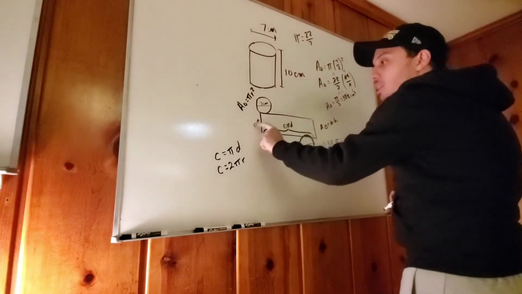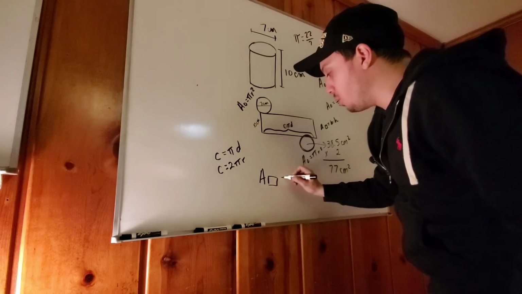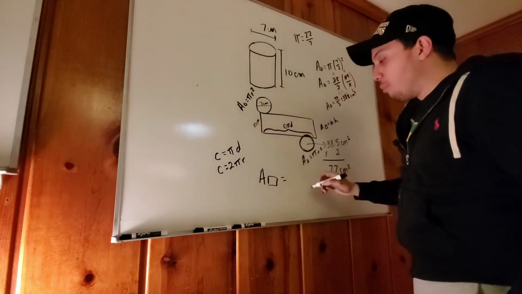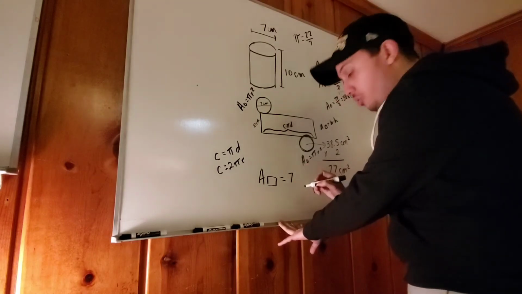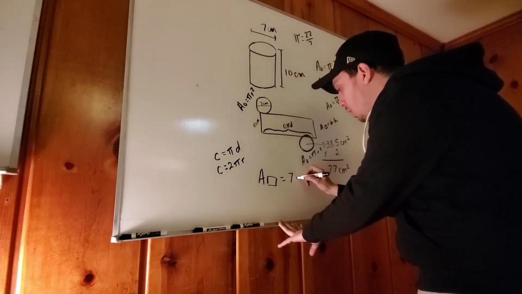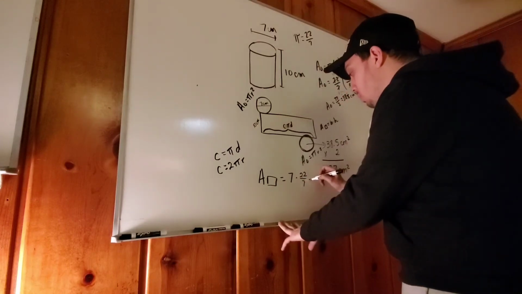Now I'm going to get into the rectangle. The area of the rectangle is going to be pi times diameter, which is 7 by diameter 7. Pi is going to be 22 divided by 7 times 10.